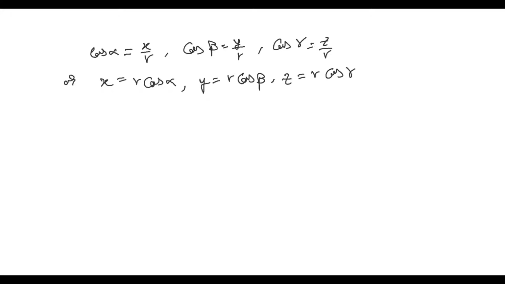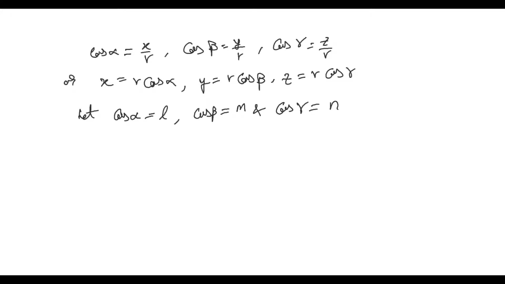So let us name these cos alpha, cos beta, cos gamma as L, M, and N. So these are called the direction cosines. Let cos alpha be equal to L, cos beta equal to M, and cos gamma equal to N.